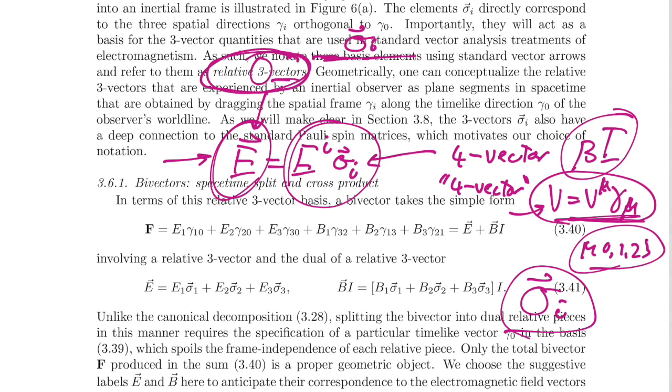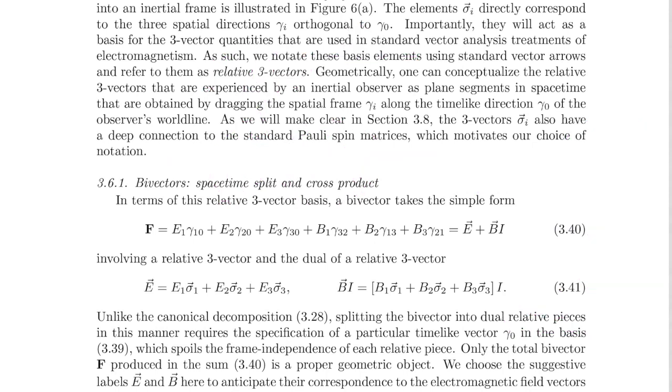All right, so now they're trying to give us a slight interpretation here, which they probably don't spend enough time on, because this notion of dragging a spatial frame gamma_i in the timelike direction gamma_0 of the observer's world line, well, that's what a bivector is.